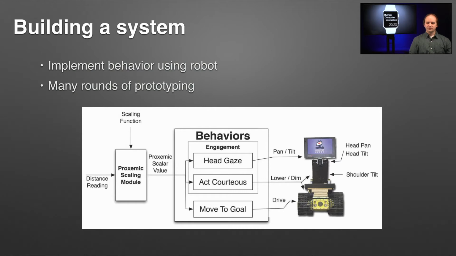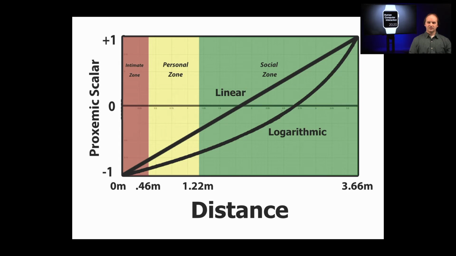So we talked about implementing the system to constrain how the robot moves and behaves depending on how close or far away it is to a person. And we talked about comparing three different ways of doing that for our study. We had these two mappings, and then our control condition would just be to always move with the same intensity no matter how close you are to a person.